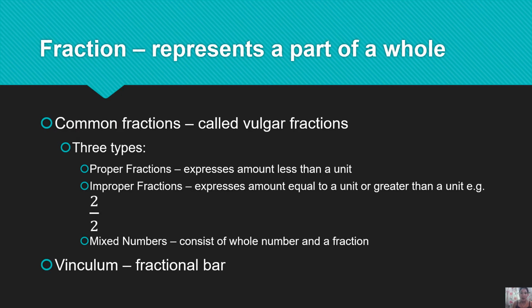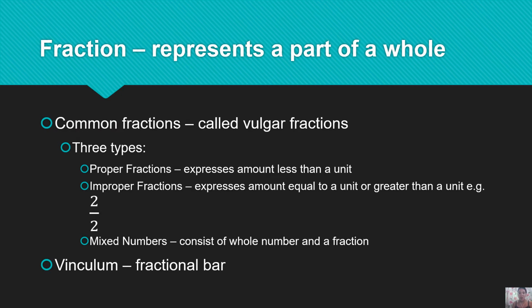There are three types of common fractions. We have proper fractions, a type of fraction that expresses an amount less than a unit. And an improper fraction is a type of fraction that expresses an amount equal to a unit or greater than a unit.